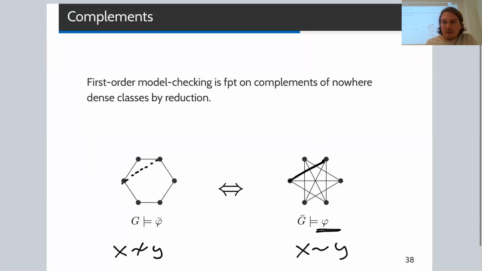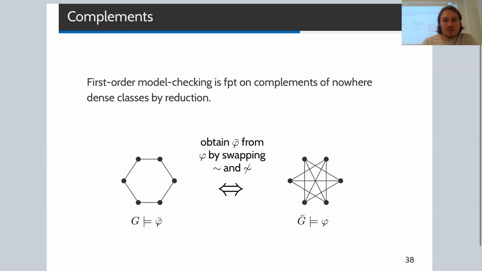So this formula phi, it contains atoms that state some vertices should be adjacent or some vertices should be non-adjacent. And we can create a formula phi bar, which just swaps adjacency with non-adjacency and the other way around. And this formula phi bar then holds in the original graph if and only if the original formula holds in the complement. So this is because taking the complement of the graph and taking the complement of the formula, these 2 operations cancel each other out, and 2 vertices are adjacent in the complement if and only if they are non-adjacent in the original graph.